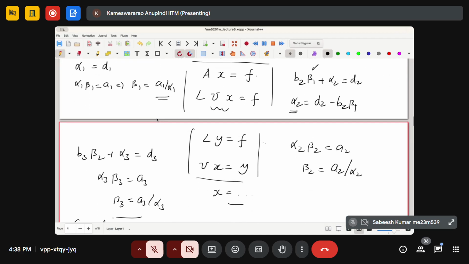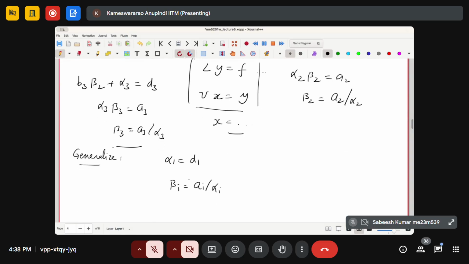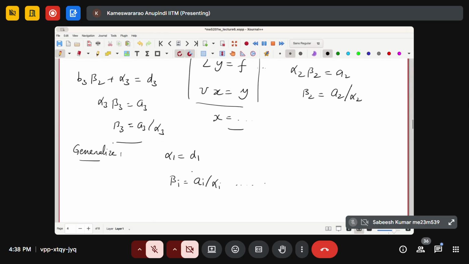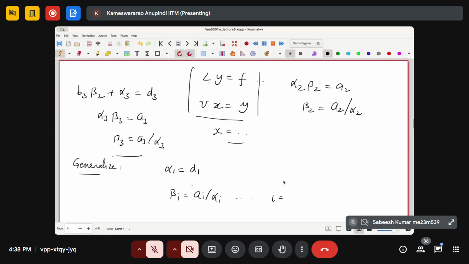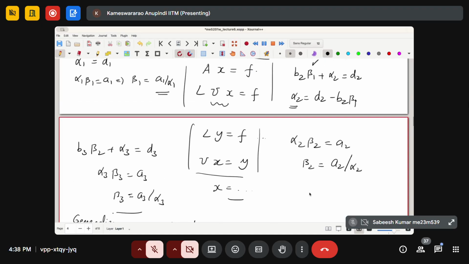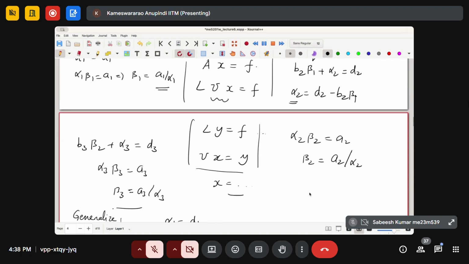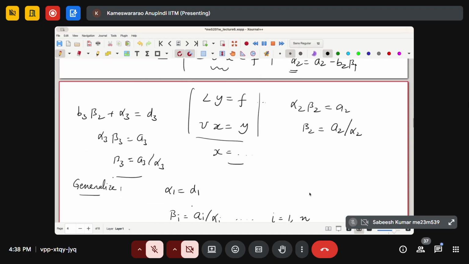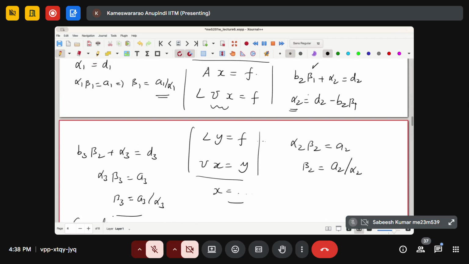Then what about alpha I? Alpha 1 is already there, right? So I will go from I equals what to what? 1 to n, right? I can calculate my betas like this. Then what about alphas? I can calculate alpha I equals DI minus BI times beta I minus 1.